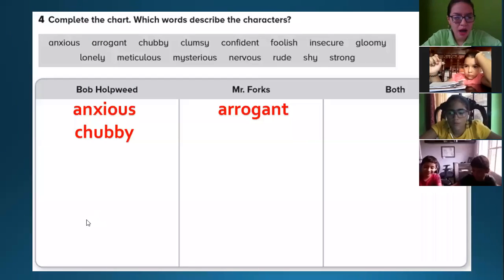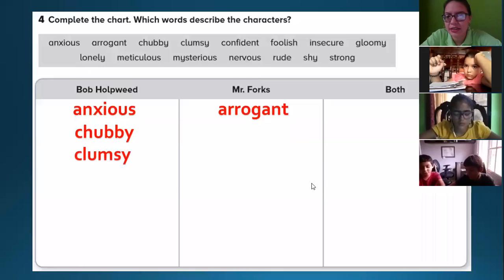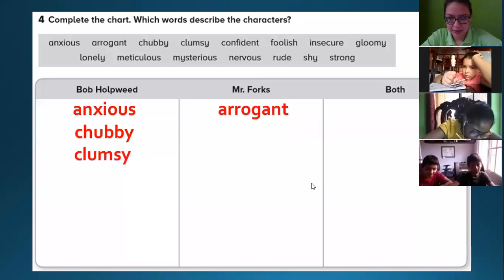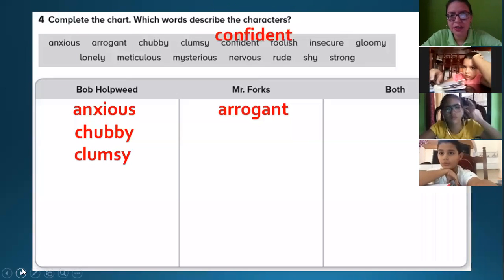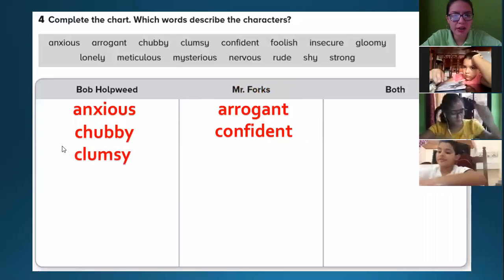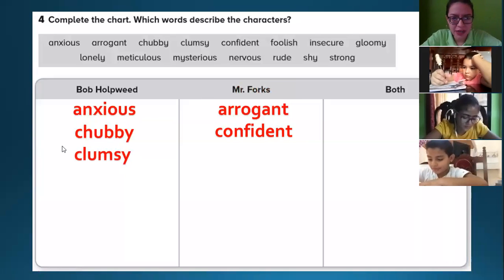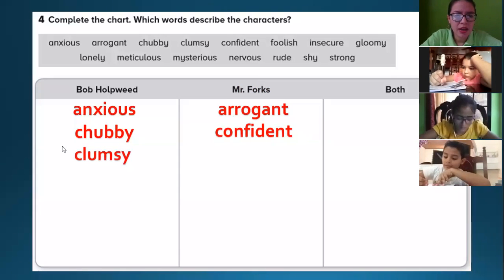Okay, Ignacio, who is clumsy? Bob. Bob Holwitz, okay, let's check. Yes, thank you, Ignacio. Josue Alejandro, who is confident? Mr. Forbes. Okay, let's check who is confident. Yes, Mr. Forbes is confident because he's a person who has a lot of secrets.